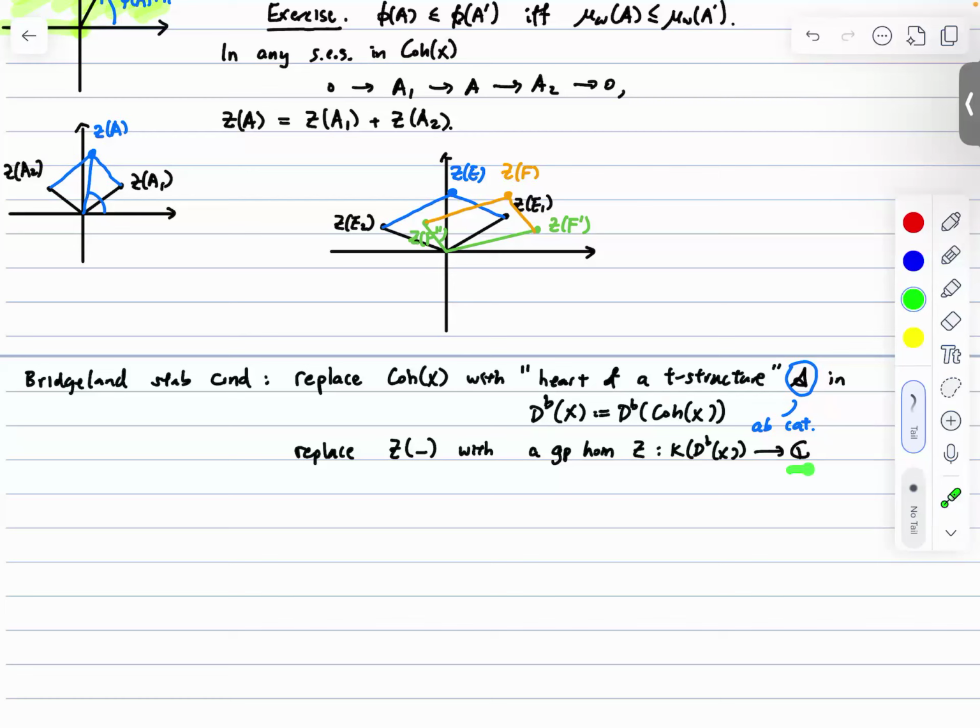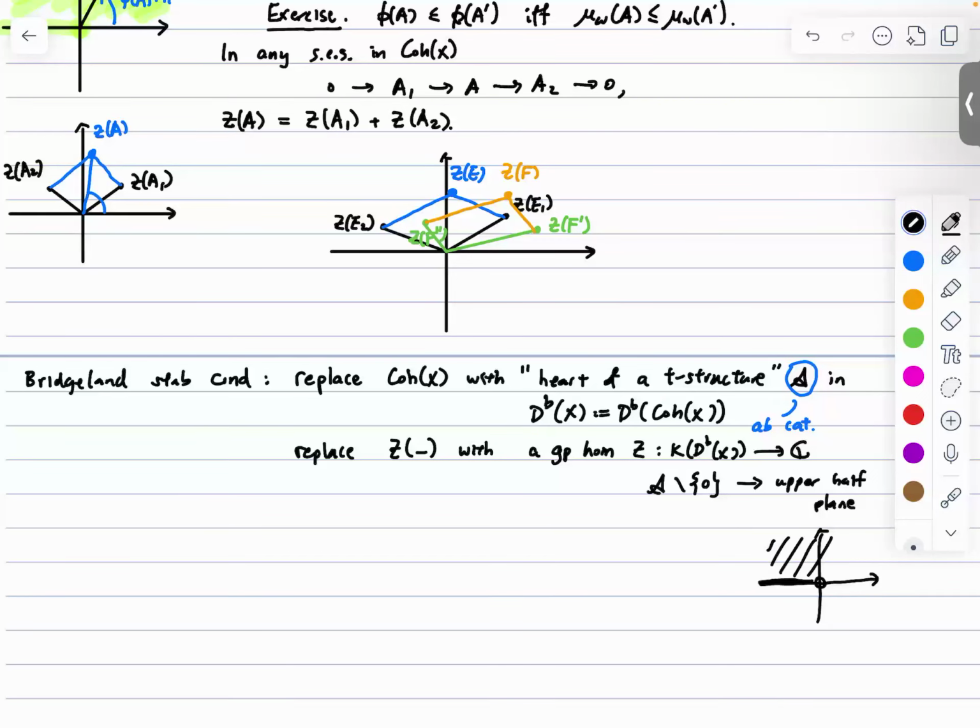Here we are thinking of C as a group under addition, with the requirement that every non-zero object in this abelian category has to be mapped into the upper half plane. And by the upper half plane, I mean it doesn't include the origin. It includes the negative real axis and also the strict upper half plane.